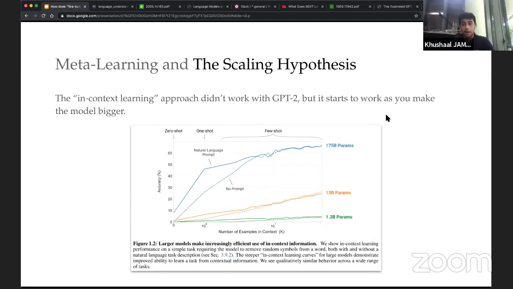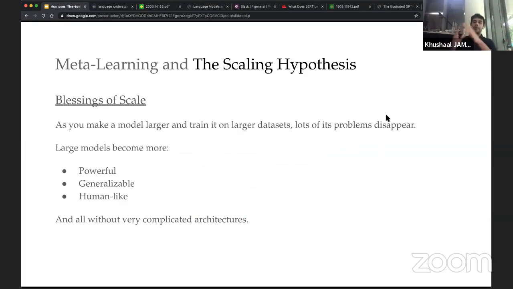Now, by contrast, this links to the idea of blessings of scale, which essentially means that as you make a model larger and train it on larger data sets, a lot of its problems disappear. They become more powerful and human-like, and this is all without very complicated architectures.